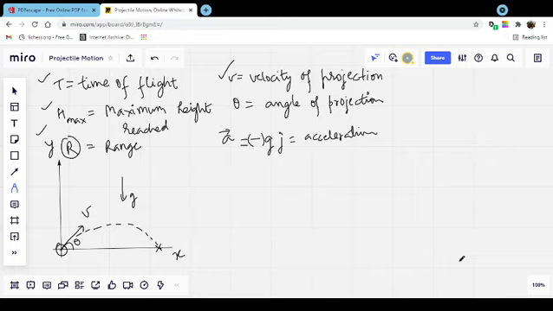When we are talking about motion in two dimensions, then we have to study the motion by dividing it in x and y axis. So we would be writing separate equations for x axis and y axis. Now the acceleration is only along y axis, so that's okay. But when it comes to velocity, we would be writing in terms of x axis.